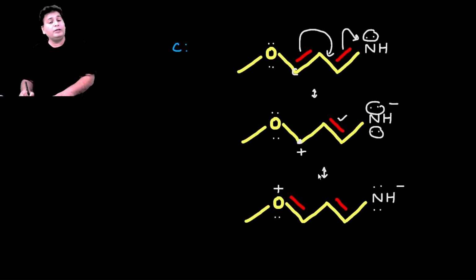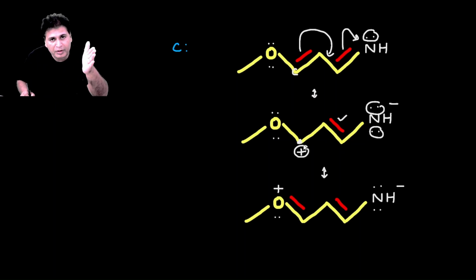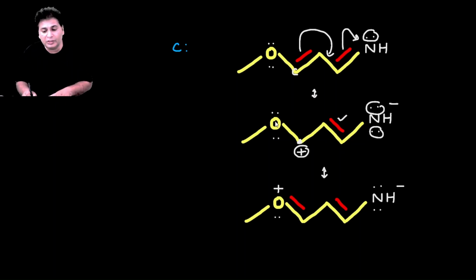Again, if you try to see whether this plus charge can further be delocalized or not, you find that yes, there is a possibility, because just in the neighborhood of this carbon bearing plus charge you have oxygen, a heteroatom bearing a lone pair, and this lone pair can be donated.